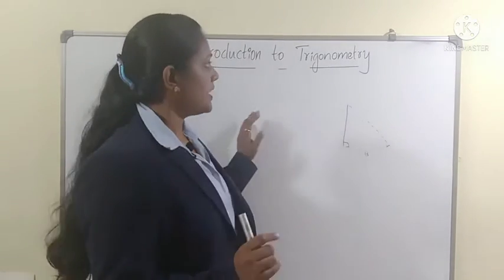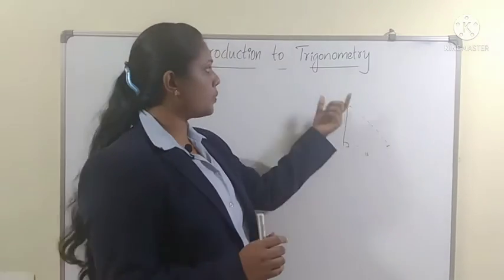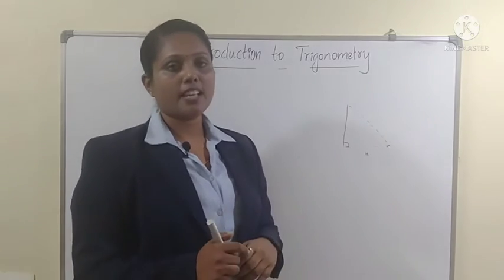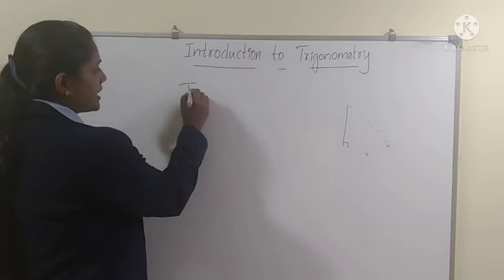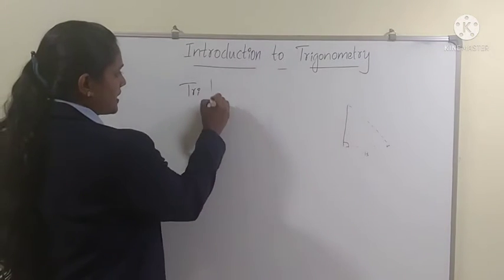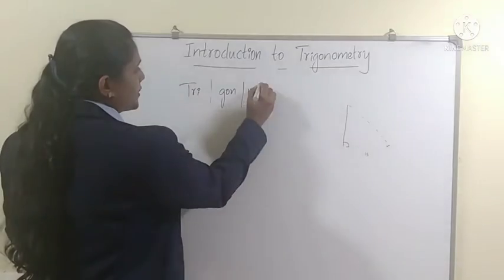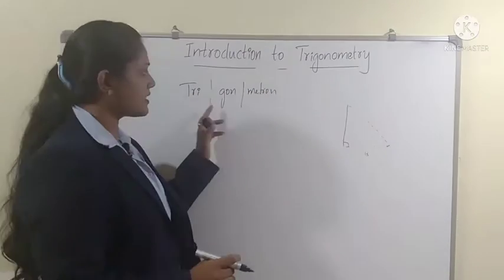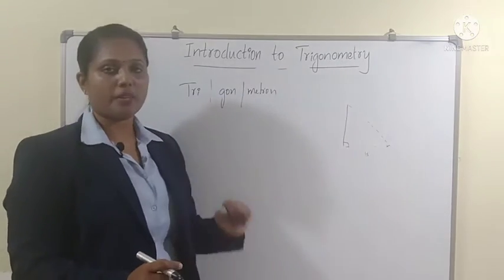Okay. So now we can move on to what trigonometry is, and where this word trigonometry comes from. See here, the word trigonometry has three parts, trigonometron. These three are Greek words, and from these three words trigonometry has arrived.